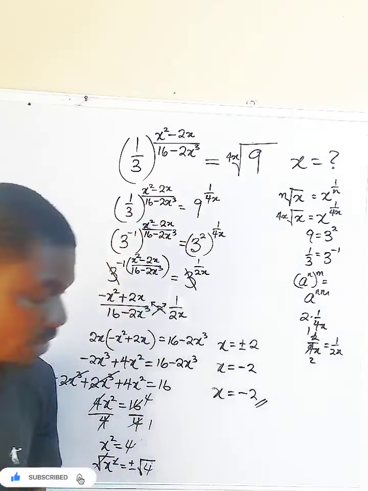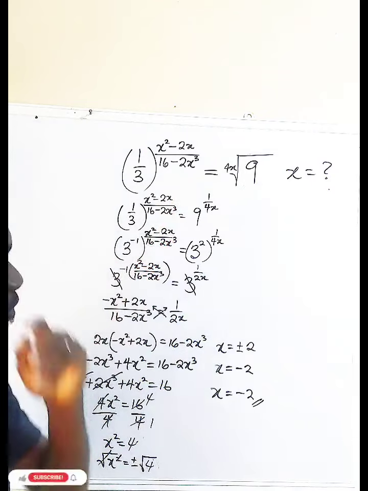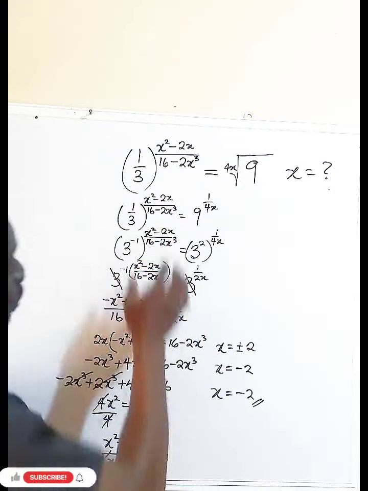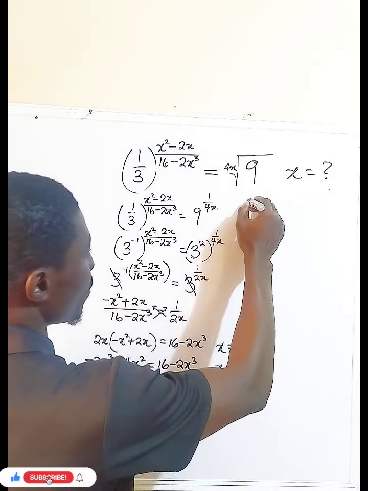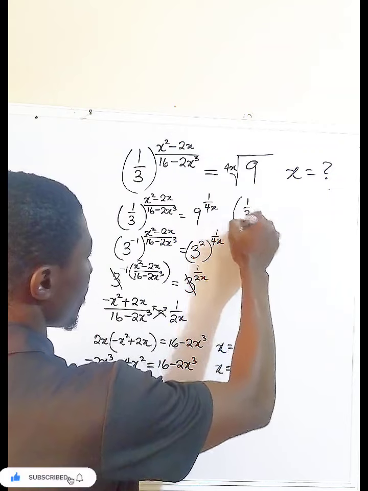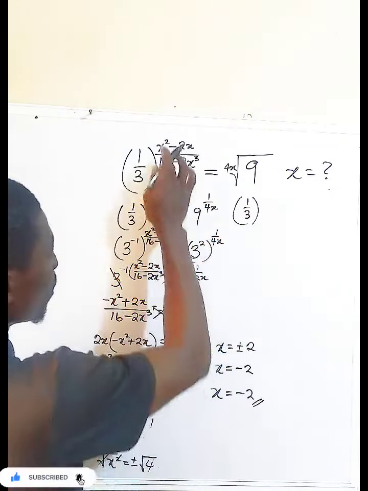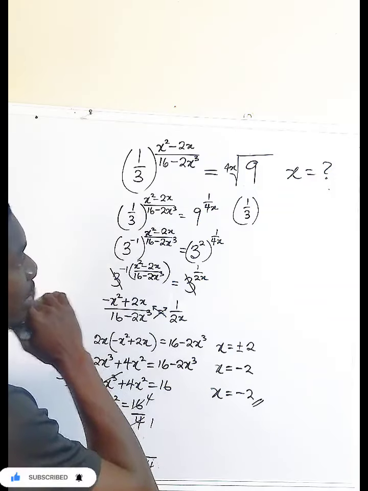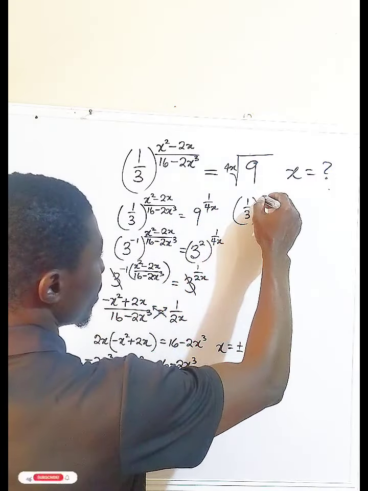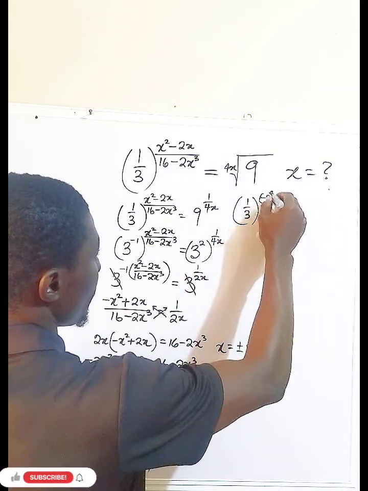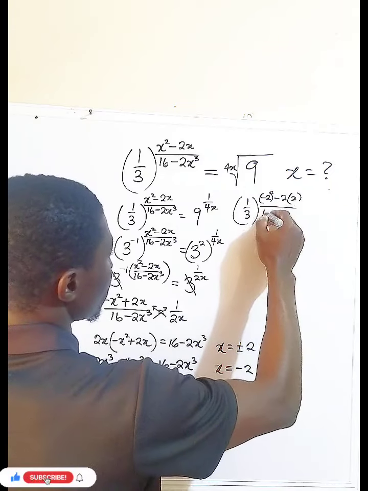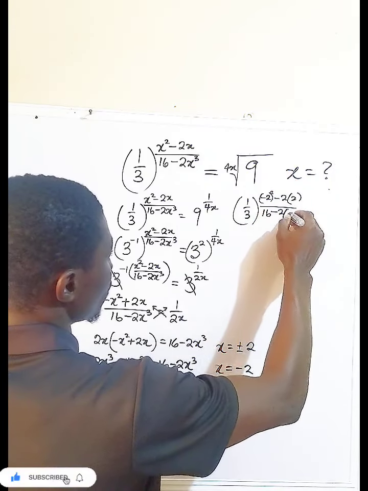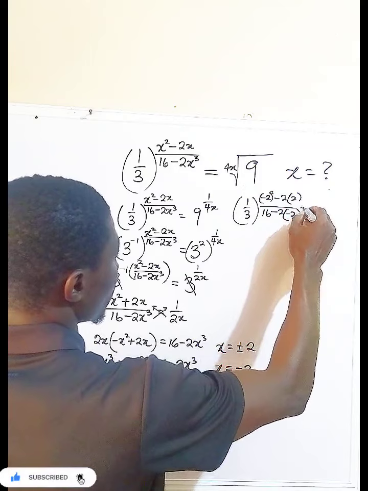Now let us see how negative 2 is actually valid for this equation. Now let us solve the left hand side first. Here we have 1 all over 3. Now plugging negative 2 into every term of x, we have negative 2 squared. Now minus 2 into what? 2, then all over 16 minus 2 into minus 2 all raised to the power 3.